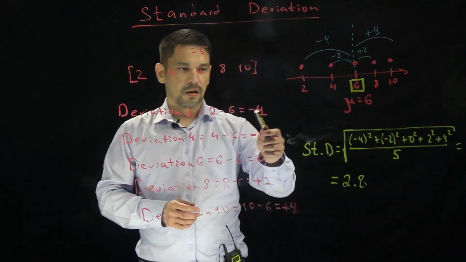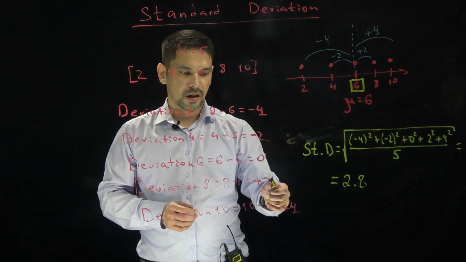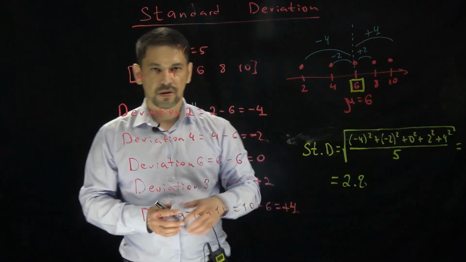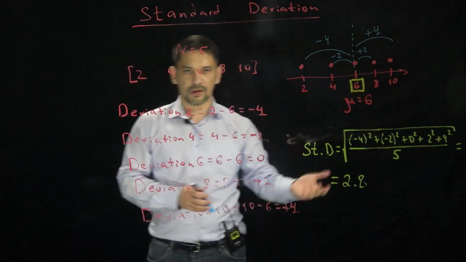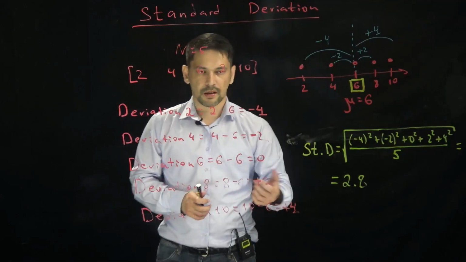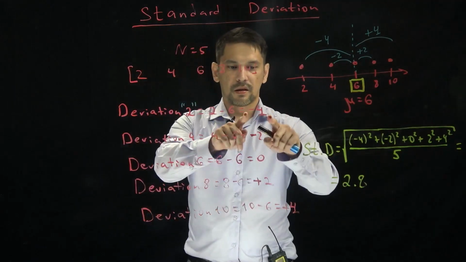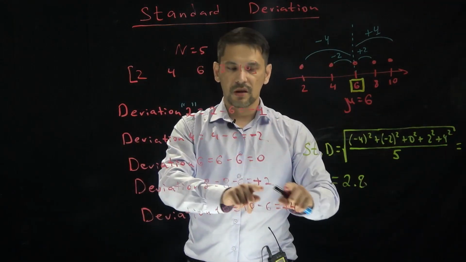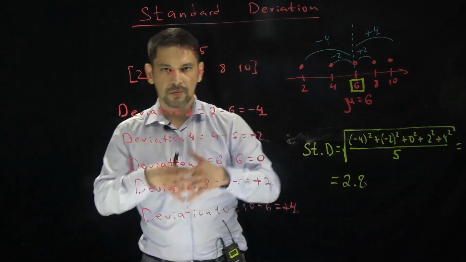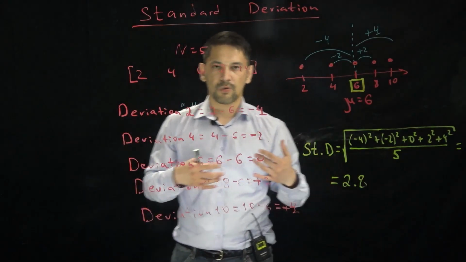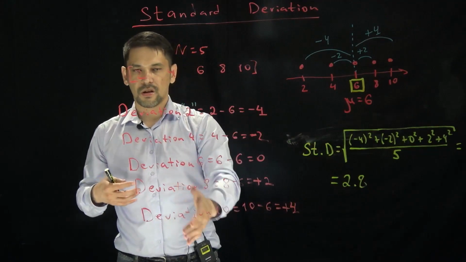Why? Because all the negative values are going to cancel out the positive values and I will get 0. Now, how can I avoid 0? Well, to avoid 0, I can take the absolute values of all these deviations and then sum them all up and then divide that sum by 5, and that way I will get the average for all these 5 deviations.